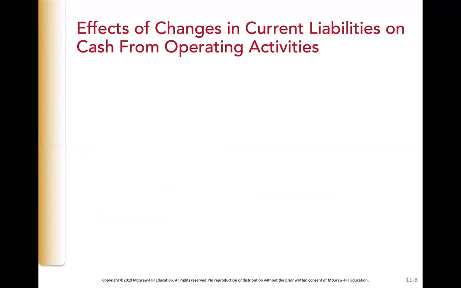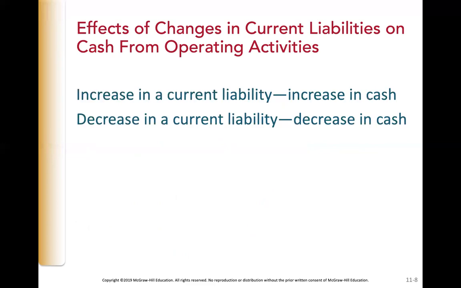For current liabilities, an increase in a current liability represents an increase in cash. A decrease in a current liability represents a decrease in cash. For example, accounts payable. eGames accounts payable decreased $5,000 during the year. The decrease in accounts payable indicated the company paid $5,000 in cash to reduce its liability, for which there is no corresponding expense on the income statement.